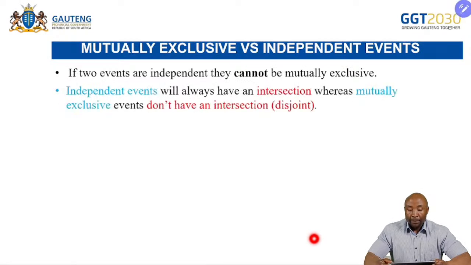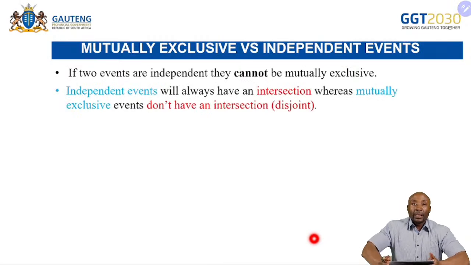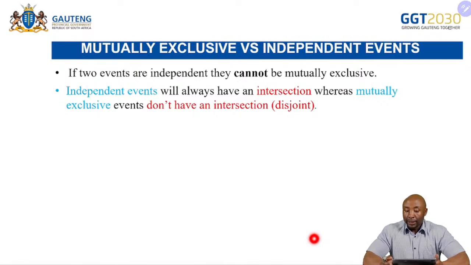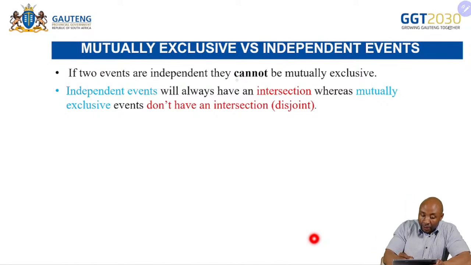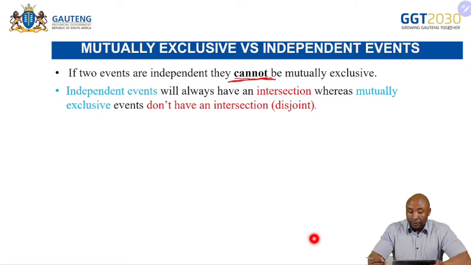This is just a summary to help us understand the distinction between mutually exclusive events and independent events. If you have two independent events, they cannot be mutually exclusive.